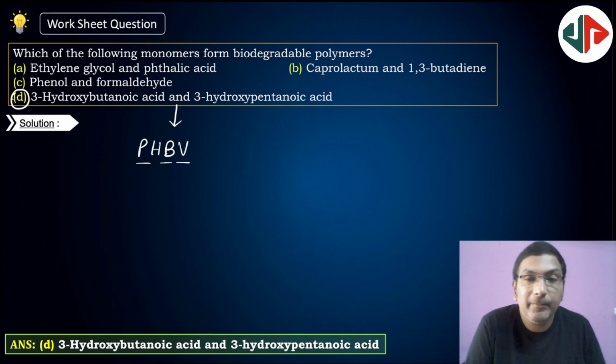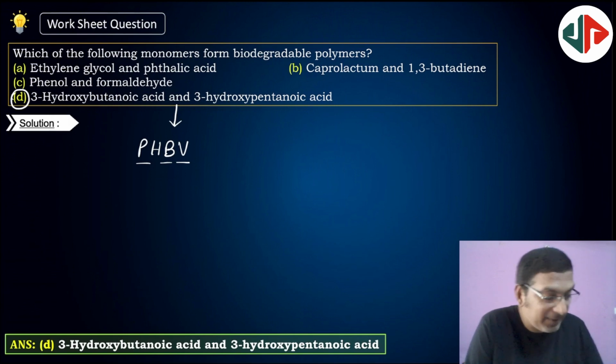So poly 3-hydroxybutyrate and 3-hydroxyvalerate, here 3 means we can take it as beta hydroxy butyrate and beta hydroxy valerate.